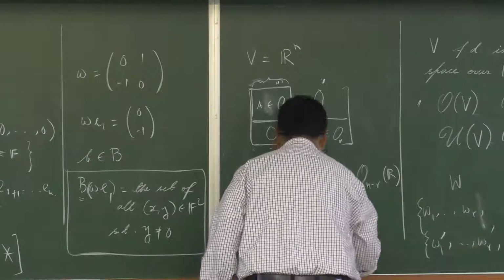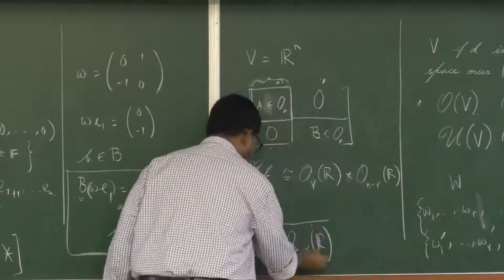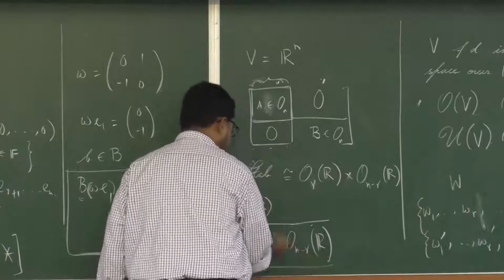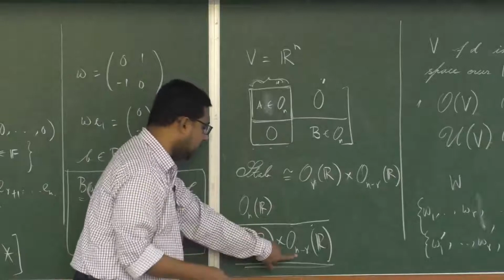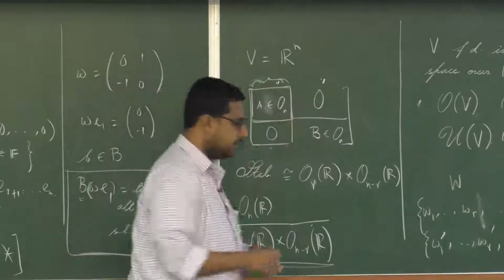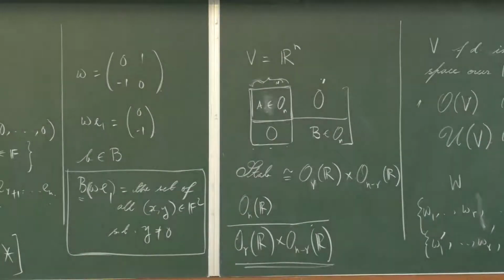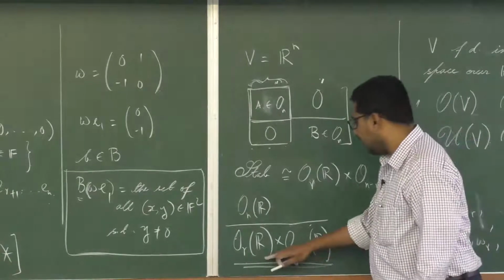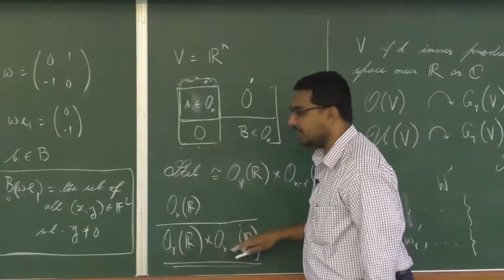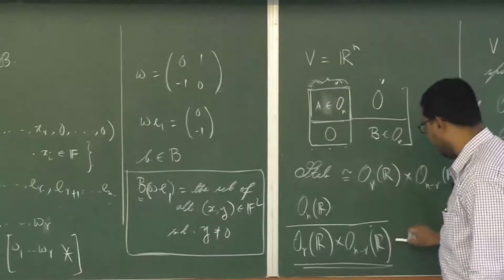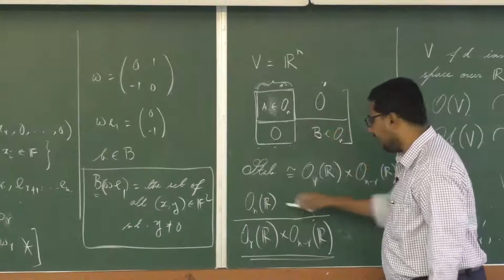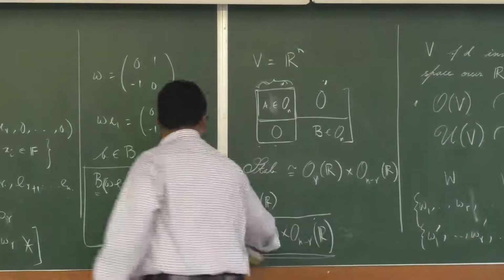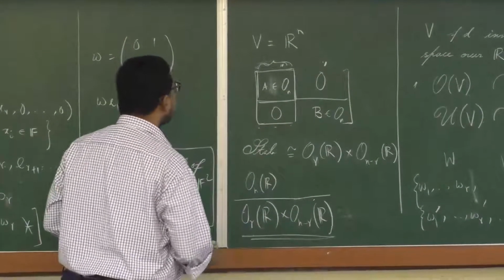One word of caution: technically speaking this is not set-theoretically contained inside O(n). What I mean is that it is contained in this manner: an element from this Cartesian product we identify with the corresponding block matrix, and that is going to be contained inside O(n).